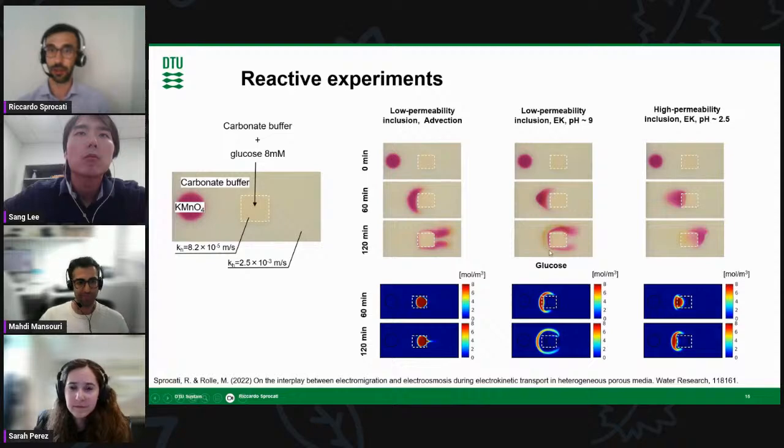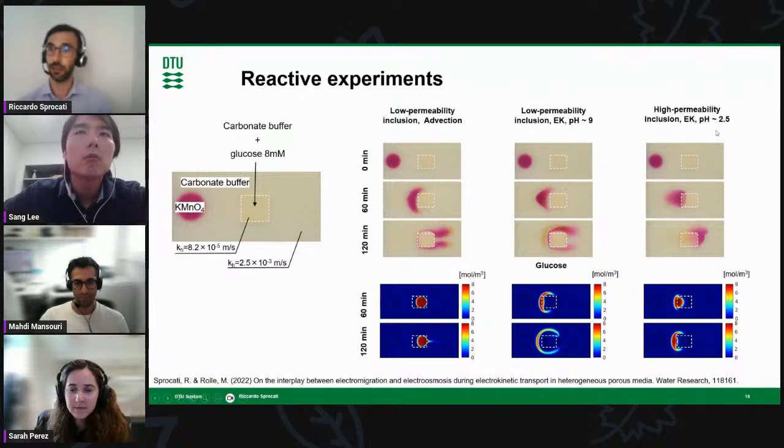But actually here it already reacted with glucose, because glucose is not charged, but it has been pushed out completely and very quickly from the inclusion. And that mixed with permanganate and reacted outside the inclusion on the left side.